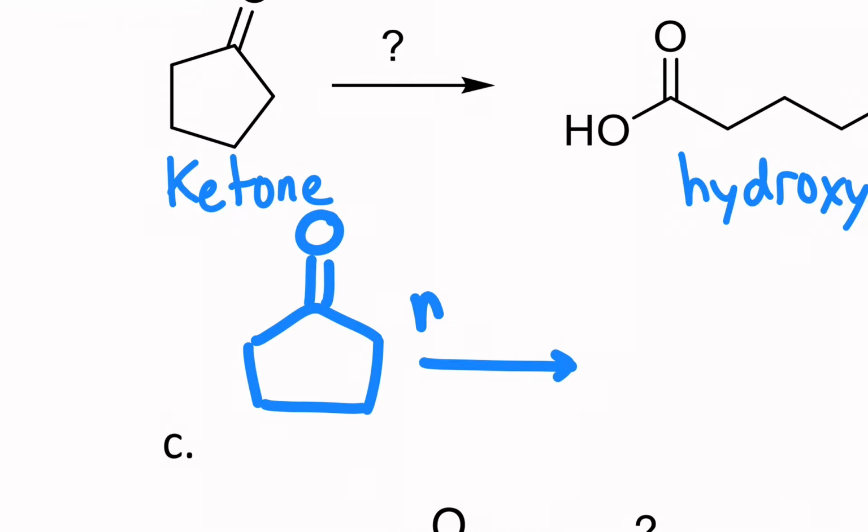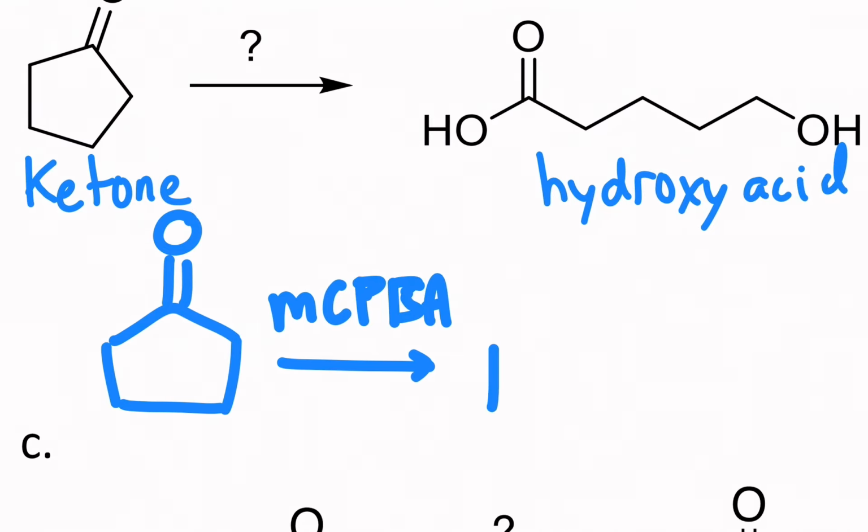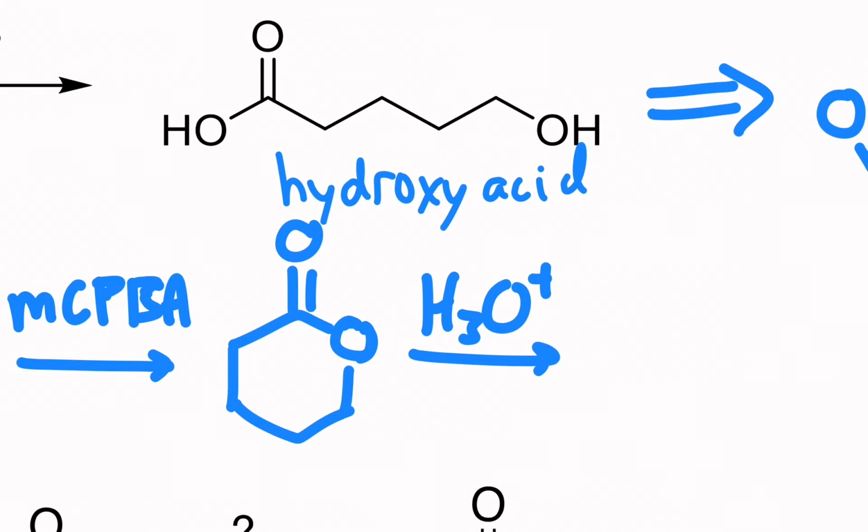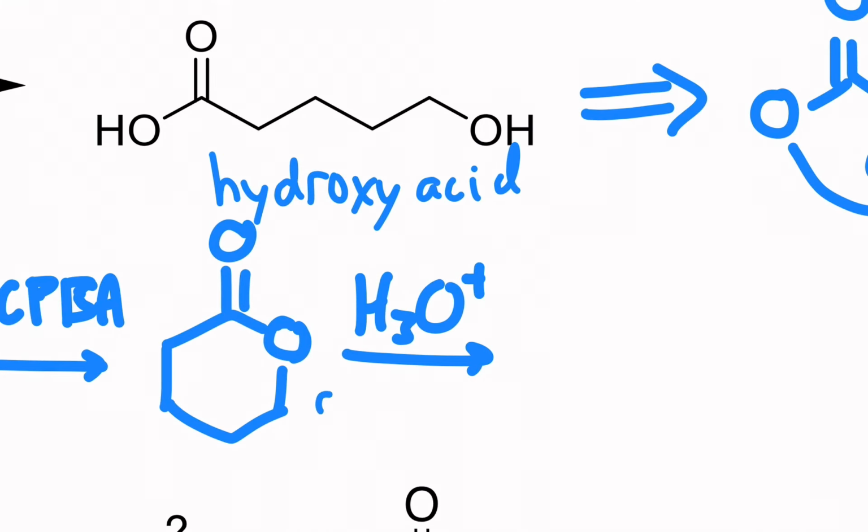The Baeyer-Villiger oxidation needs a per acid, so MCPBA. I know that makes epoxides with alkenes, but if you have a ketone, you actually get your ester, in this case, a cyclic ester. And then hydrolysis, H3O+. Or saponification.